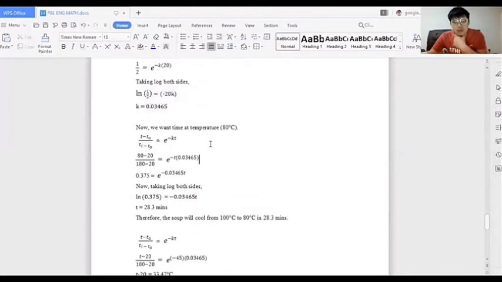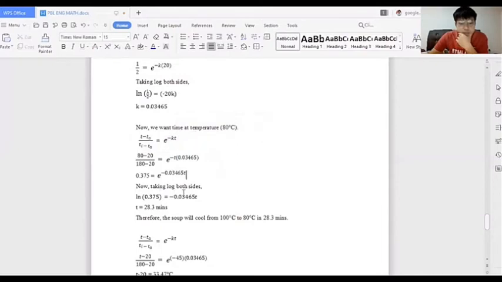Now we want the time at the temperature of 80 degrees Celsius. So we sub in all this and sub the value of k into this formula.